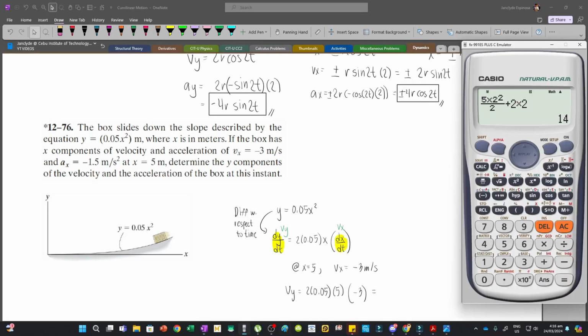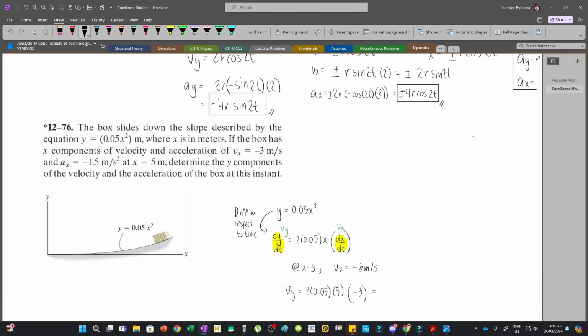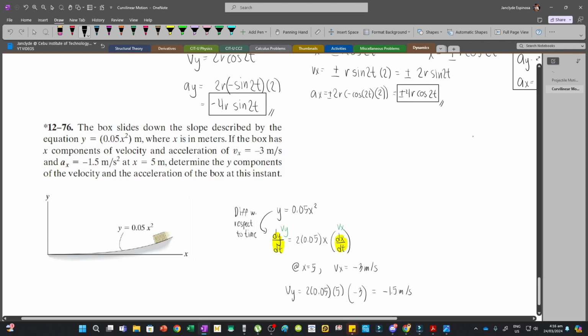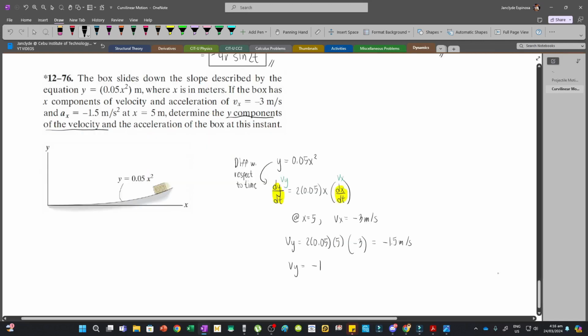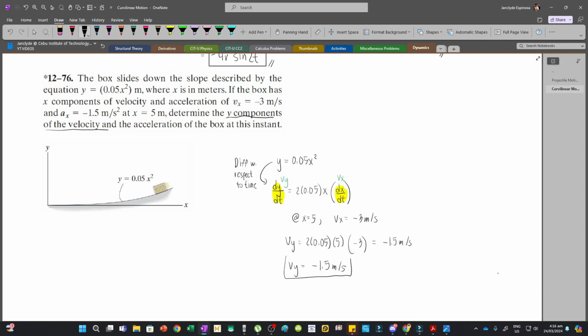We have negative 1.5 meters per second. This is the answer to the first part, the y component of the velocity. Again, vy equals negative 1.5 meters per second.